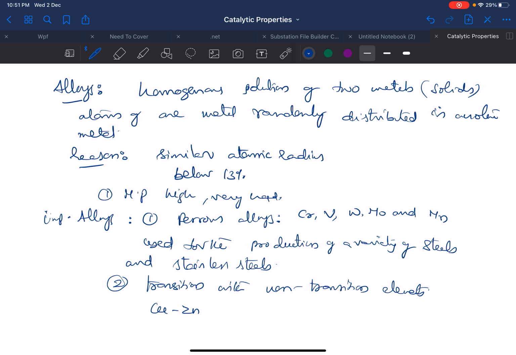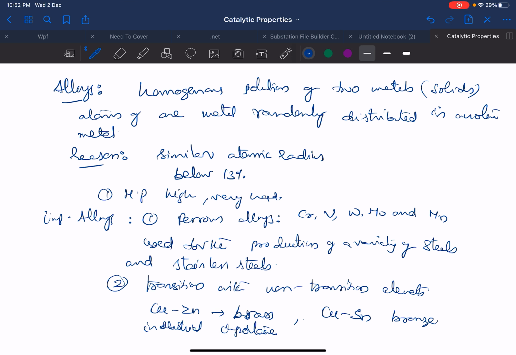Copper and zinc together are called brass. The second one is copper and tin. Tin is a 14th group element, in the carbon family. So copper and tin is called bronze. These also have great industrial importance.